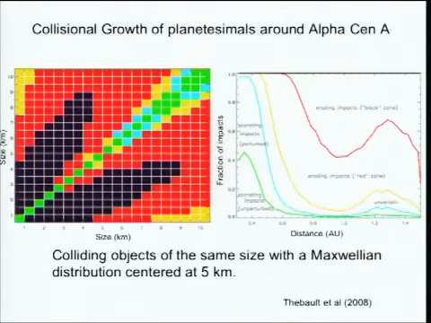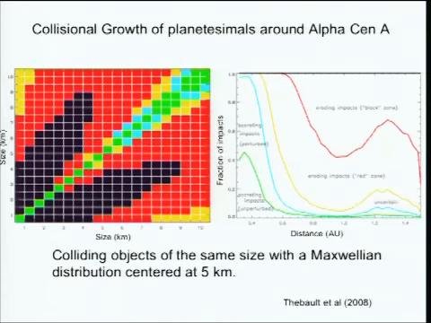This all resulted in the conclusion that in systems like Alpha Centauri, the collision and growth of planetesimals to protoplanets is very much size dependent, and it also depends on the orbital parameters of the binary. This is the collision between two different sizes of objects.